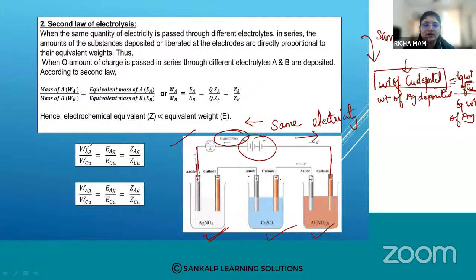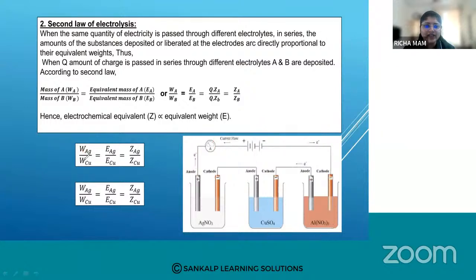The weight of the substance Ag is equal to equivalent weight of Ag upon equivalent weight of copper, which is equal to Z Ag by Z Cu. The electrochemical equivalent is equivalent to your equivalent weight also.